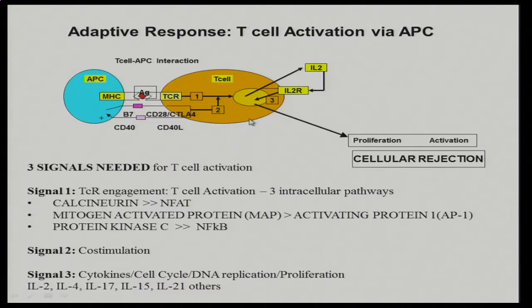These are all pathways where therapies are actually targeted, and I'll show you where our immunosuppressive drugs work. And then there's signal 3, where 1 and 2 lead to activation, transcription of cytokines, and then signal 3 through the cytokine receptors leading to T cell proliferation. These are the intracellular pathways involved, calcineurin being one of the key factors. These pathways are all pathways where therapy is being targeted, as is the co-stimulation pathway.